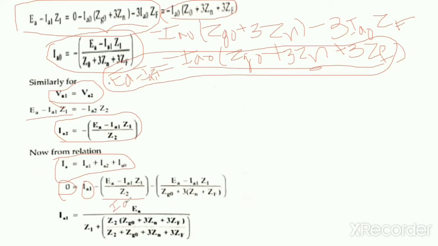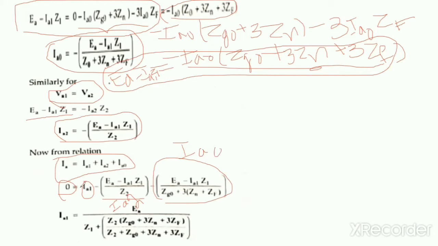Plus IA0. What is the IA0 formula? Minus of EA minus IA1 into Z1 by Z0 plus 3ZN plus 3ZF. We are substituting this value of IA0.